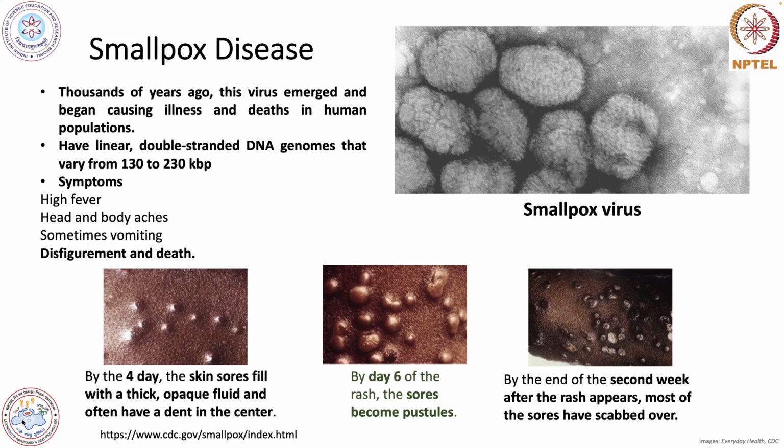The main targets are the hands and face. Once an individual has smallpox, his or her face will look not so good. So this is just a brief introduction to the smallpox disease.